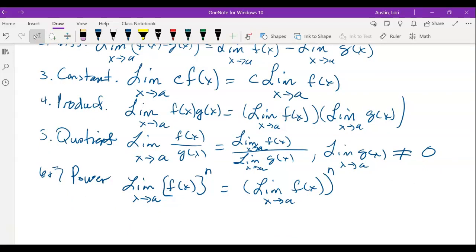When we talk about roots in this class, we use the fractional notation a lot, meaning the limit as x goes to a. Right? Isn't that how we write roots? We put 1 over.